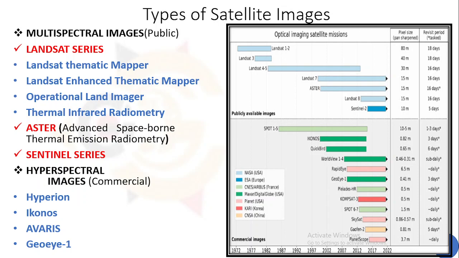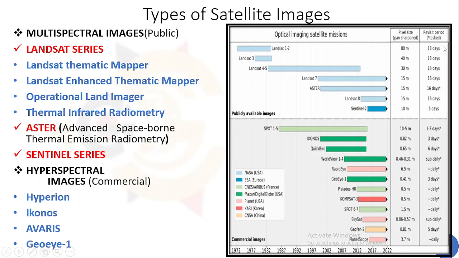These are the satellites we have. The ones above here are the multispectral, publicly available images. Then the hyperspectral, you have to pay to get them. For the multispectral, we have Landsat 1 and 2, Landsat 3, Landsat 4 and 5, Landsat 7, Landsat 8, Sentinel 1, Sentinel 2, then ASTER data.